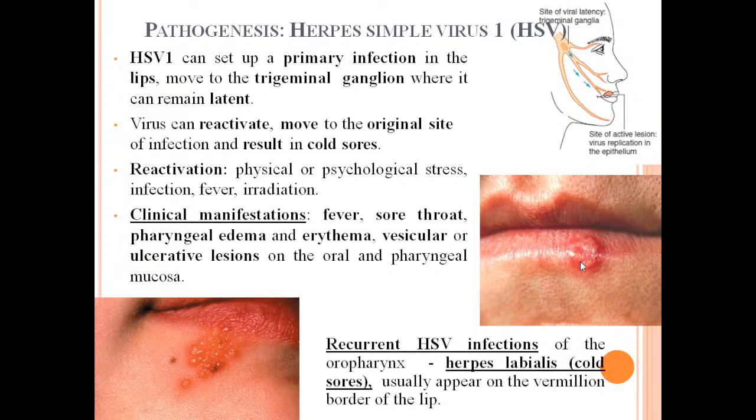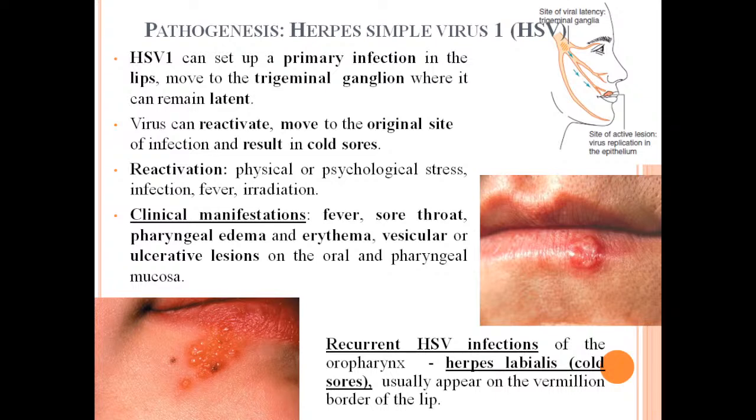You can see here. Then this virus moves from the lips to the trigeminal ganglion, where it can remain latent. After primary infection with herpes simplex virus 1, the person becomes a carrier.